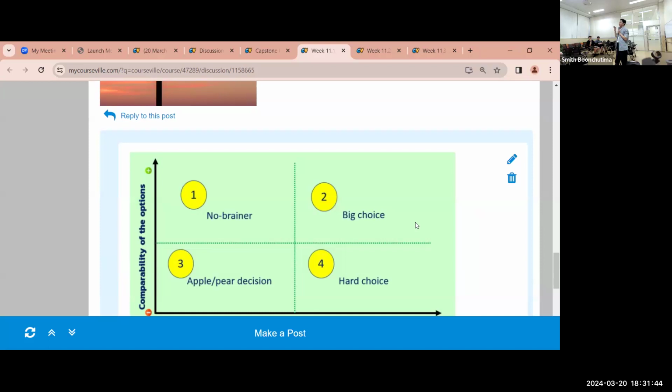For example, if you see an advertisement and you have to decide whether this advertisement is using the right tone and mood for this message or not, are you going to let it launch like that or not? This is a very, very easy choice, right? No-brainer.